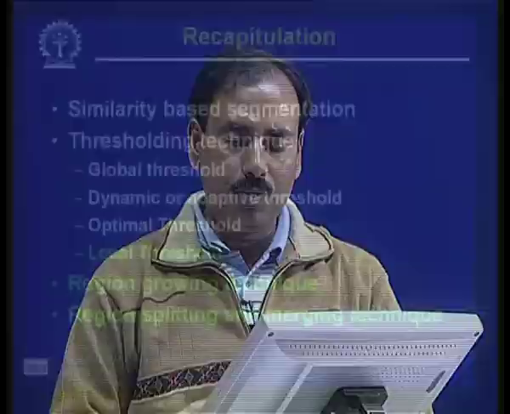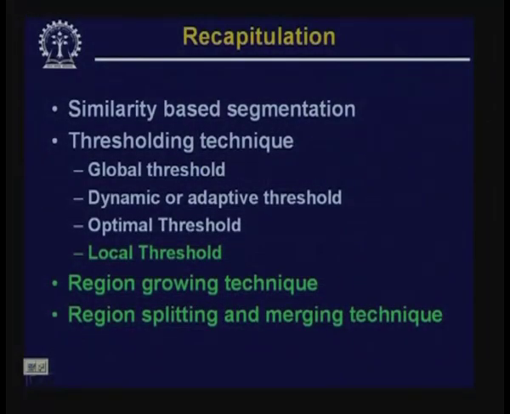Because of this, there is an amount of error incorporated by the thresholding operation. So, in optimal threshold, we estimated how much error is incorporated if we choose a particular threshold, and then chose that value of the threshold by which your average error will be minimized.